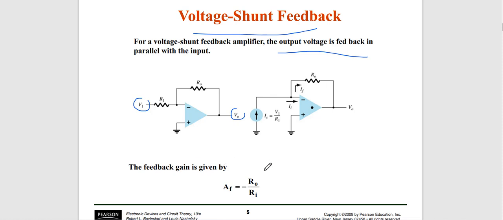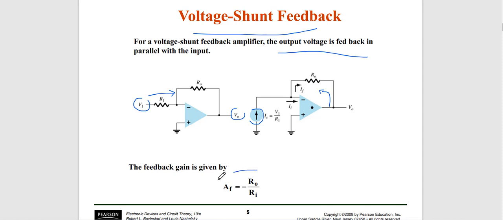The input comes to the op-amp, and the output voltage is fed back here, in parallel to the input. So we call it the voltage shunt feedback amplifier.